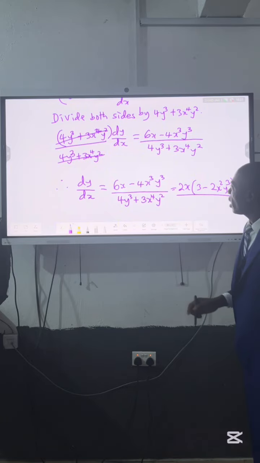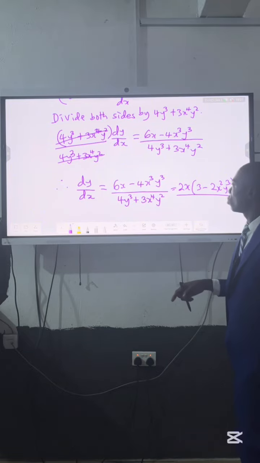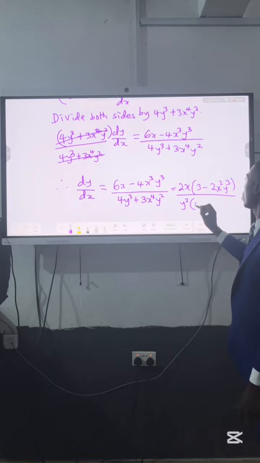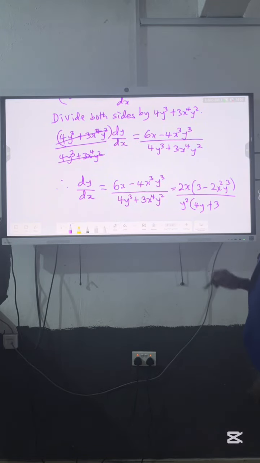If you check carefully here, I think there's something common too. y raised to the power 2 is common. So y raised to the power of 2 into 4, 1 y will still be present inside, plus 3x raised to the power of 4. So this is the simplified answer to the question.